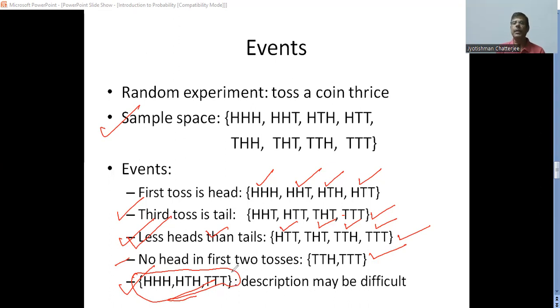That's what happens often. We may write some event mathematically as a subset of the sample space. However, giving the exact description in words might be difficult. Going the other way around is, of course, a lot easier in most of the situations. Say if you are given the description in words, then you can easily write down the subset by denoting the exact outcomes which should be included.